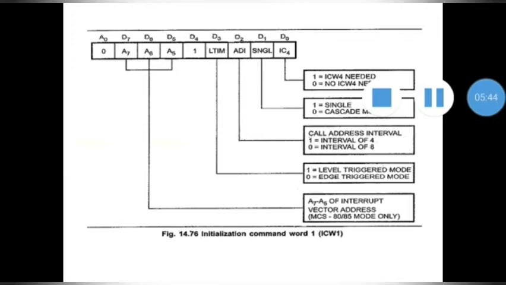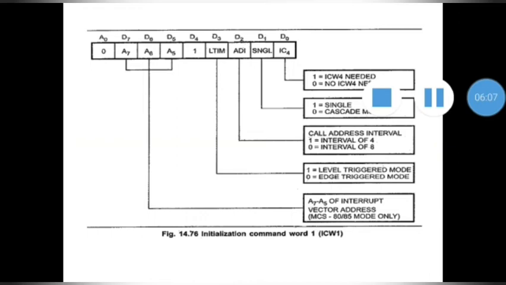If ICW4 is not needed, it is set to 0. Next bit, D1: if your processor, the 8259, is operating in single mode, then this bit is set to 1, and if it operates in cascading mode, then this bit is set to 0.